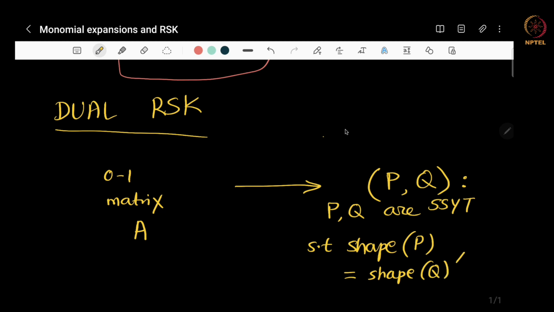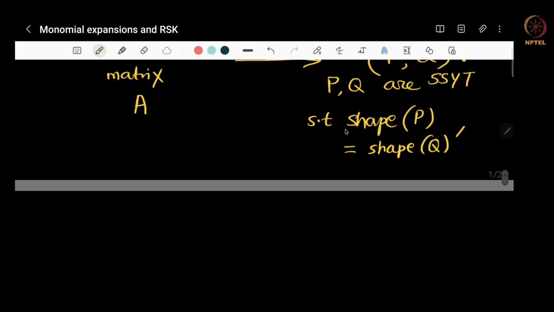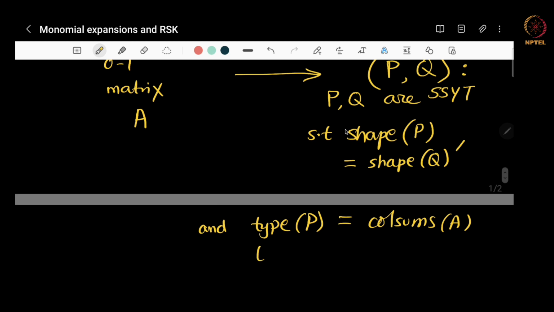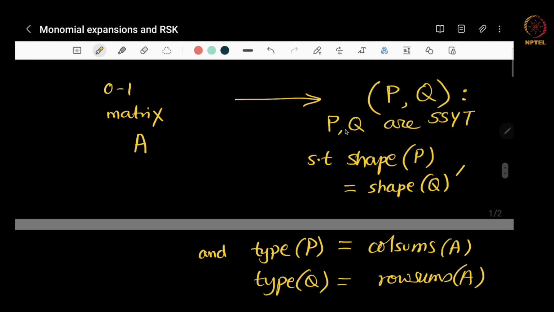the shape of Q transpose, and the type of P is exactly the column sums of the matrix A, and the type of Q turns out to be the row sums of A. The key point here is that it is a bijection from the set of all 0, 1 matrices to the set of all pairs P, Q of semi-standard Young tableaux of dual shapes.